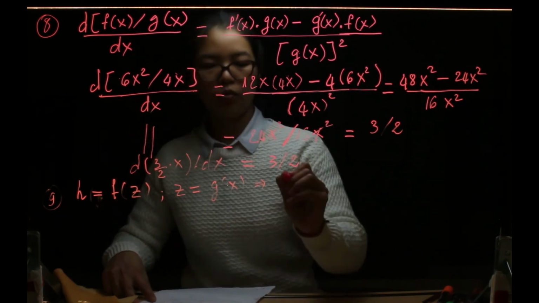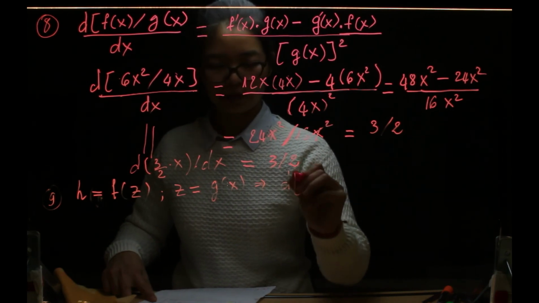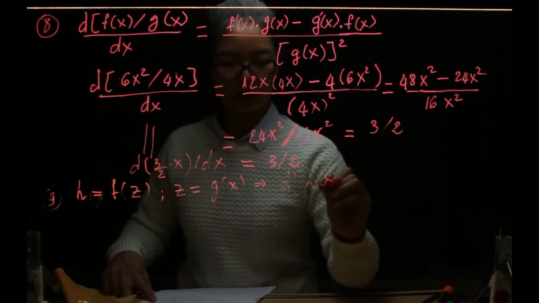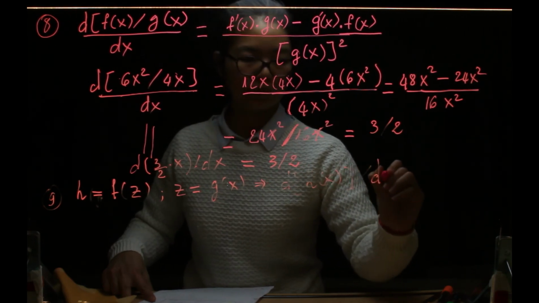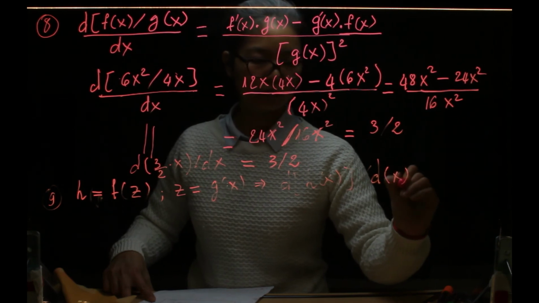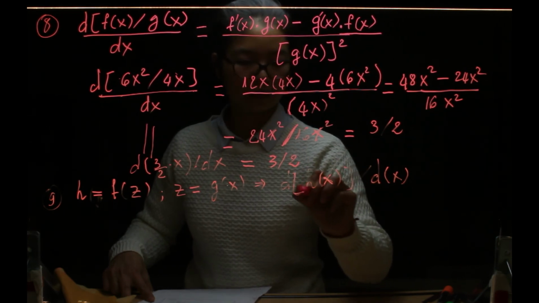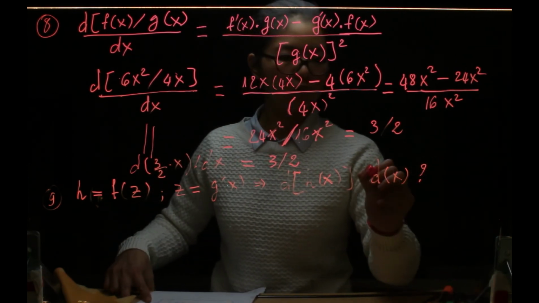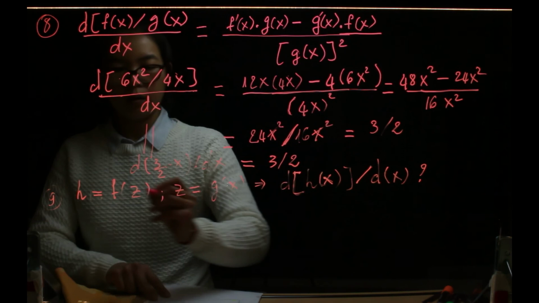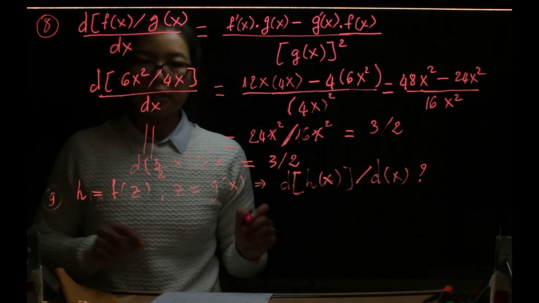How do we find the derivative of the function h(x)? There's a rule called the chain rule, or outer times inner.